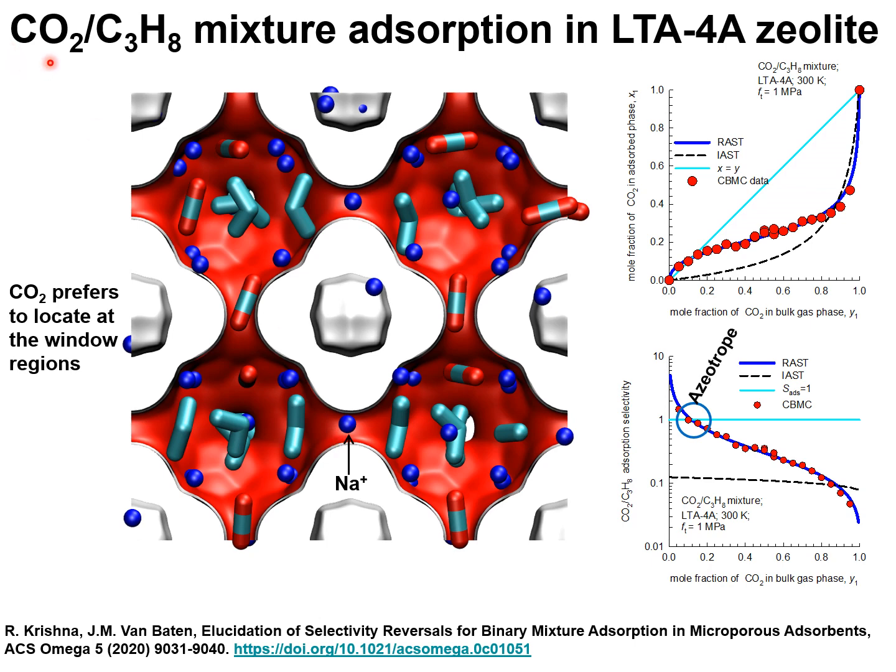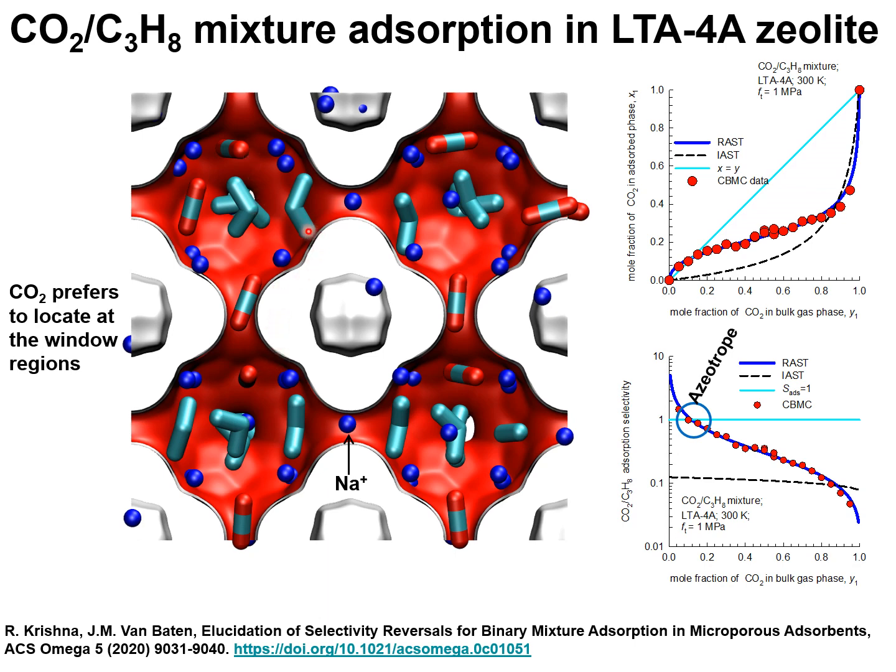For adsorption of mixtures of CO2 and propane, we have an inhomogeneous distribution of guest adsorbates within the pore landscape due to preferential locations of CO2 in the window regions, because CO2 can fit snugly at the windows, and it usually is present in higher concentrations near the window regions, as is evident from this computational snapshot.